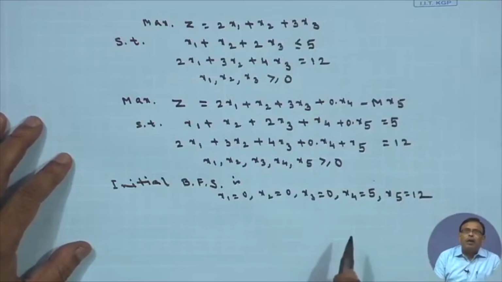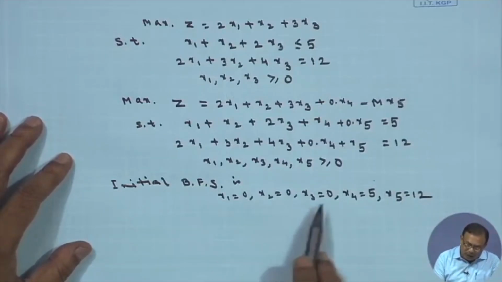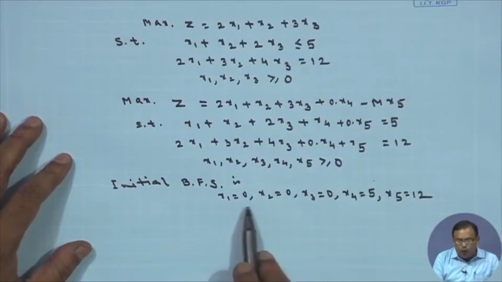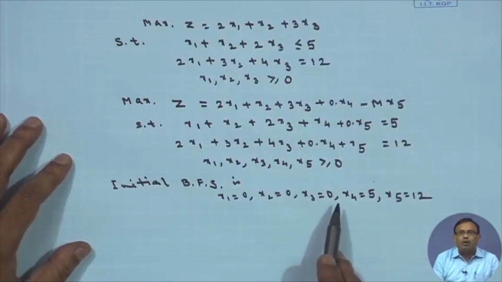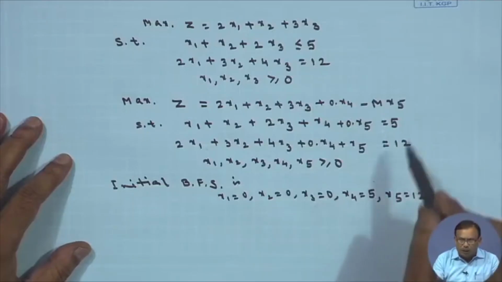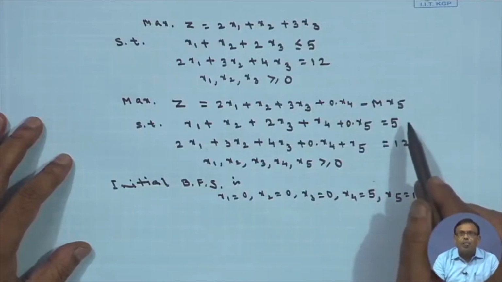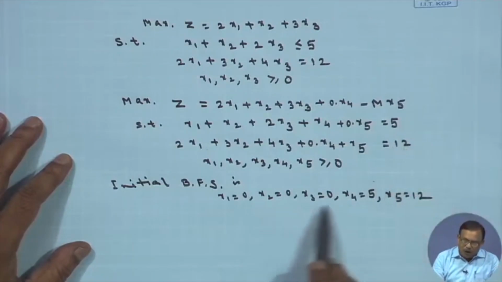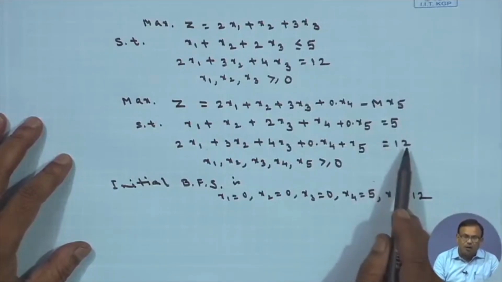Again I am emphasizing that the way we choose our solution, whenever we start, it always satisfies all the constraints of the given problem, because they are satisfying the equality constraint over here.